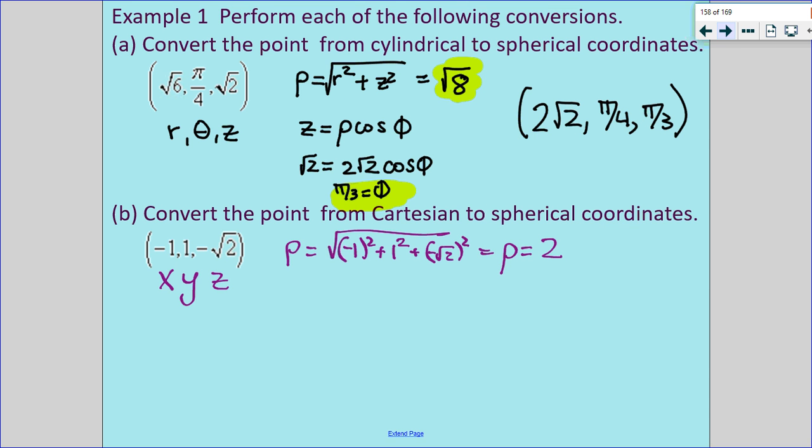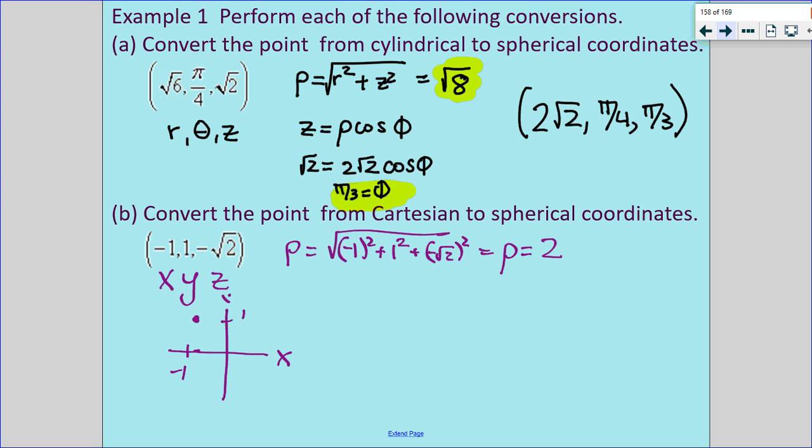And then for theta, I like to do a little drawing. If x is -1 and y is 1, this is my point on the xy plane.